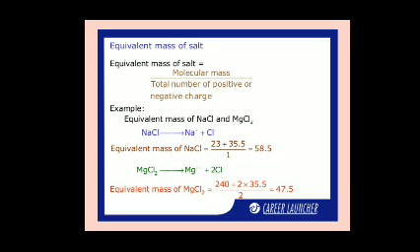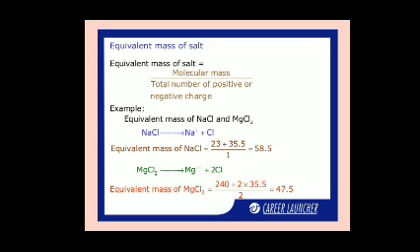For example, equivalent mass of sodium chloride and magnesium chloride. Sodium chloride: Na plus, Cl minus. Charge on cation is 1, charge on anion also 1. Then equivalent weight of sodium chloride is (23 plus 35.5) by 1, that is 58.5 by 1.